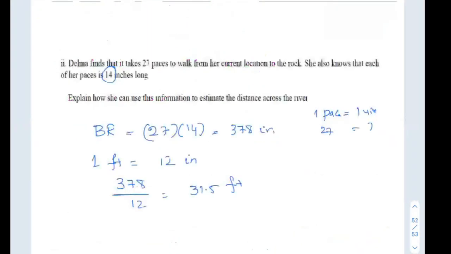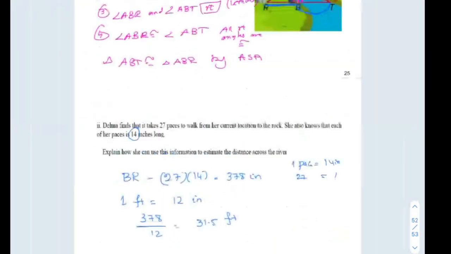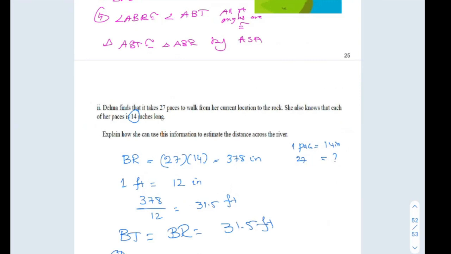So by CPCTC, since the triangles are congruent, the other one will be congruent. So that means BT is the same as BR, which is 31.5 feet. By CPCTC, this is the width of the river, or the distance across the river needed. So the distance needed is the same as that.